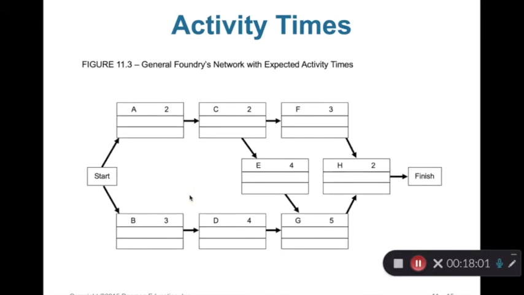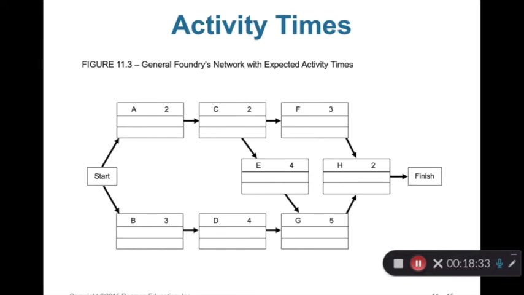After calculating the expected activity times, we can put them into the network like this. Let's look at this network. This is the start node, and we have activity nodes. You can see each activity name, along with its activity time. This is the expected activity time, because activity times are random. That's why we looked at three estimates of activity times.